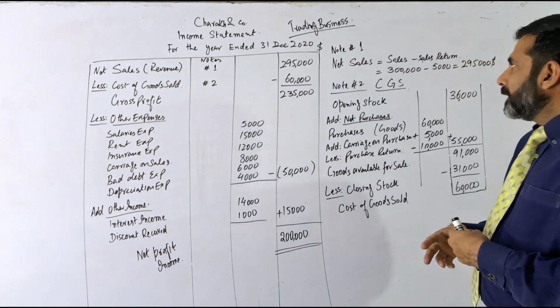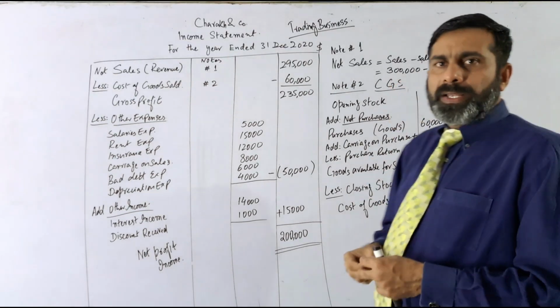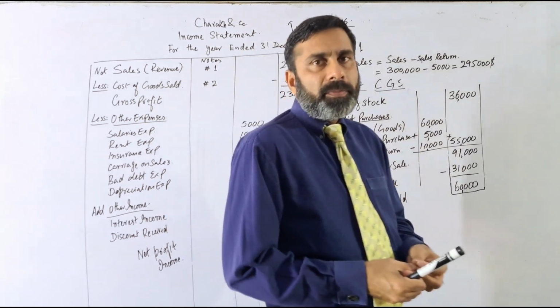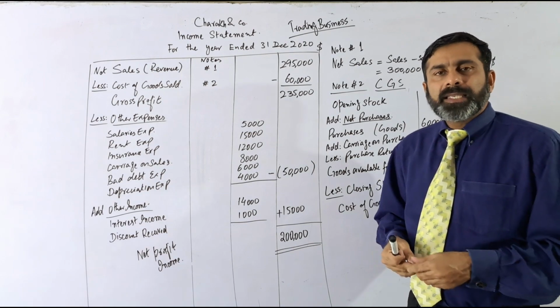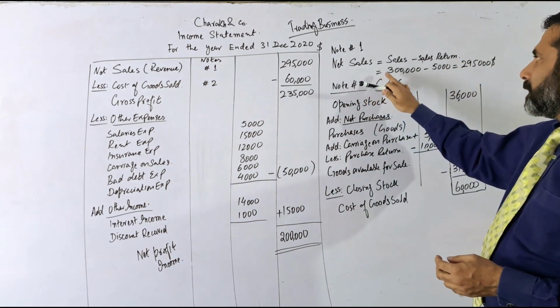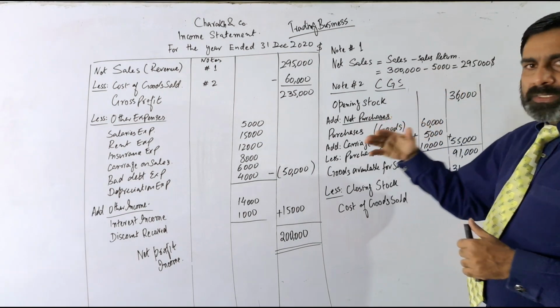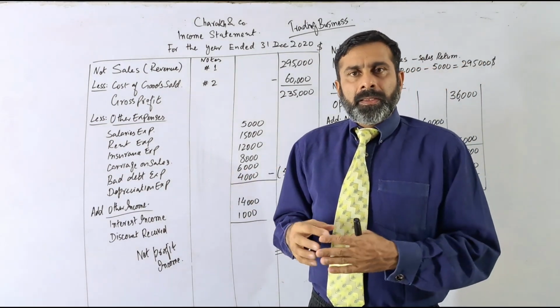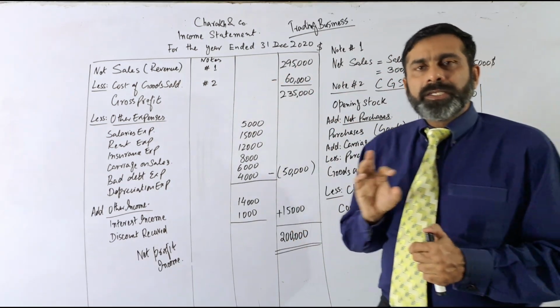We assume that the company has a total sale of 300,000, but the customers have returned $5,000 worth of goods. It means the business has a sale of 300,000, but goods worth 5,000 have been returned by the customers. It means the net amount they are receiving is only 295,000, not 300,000.